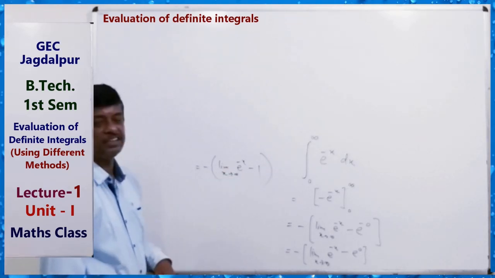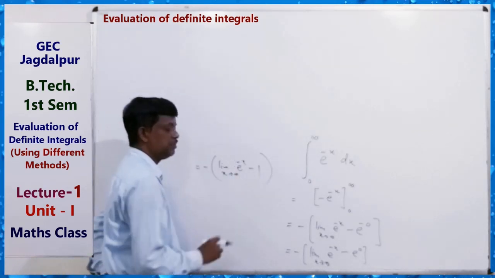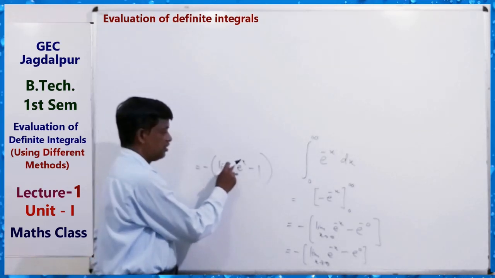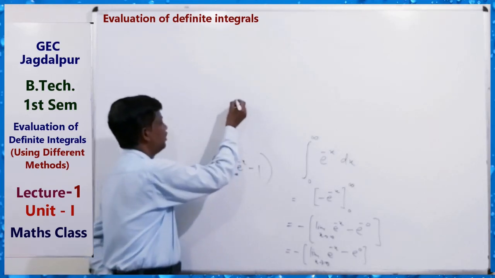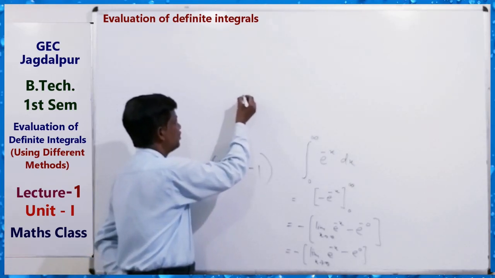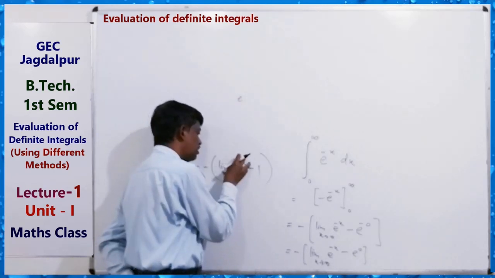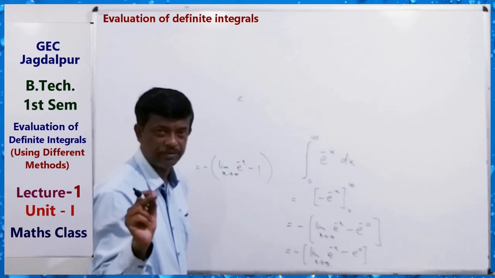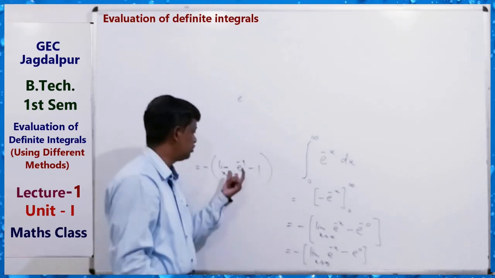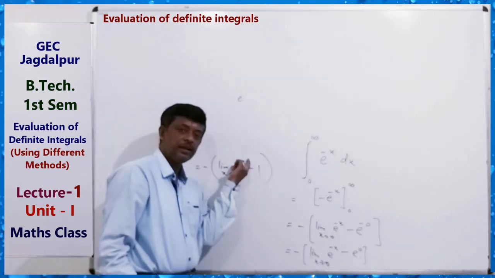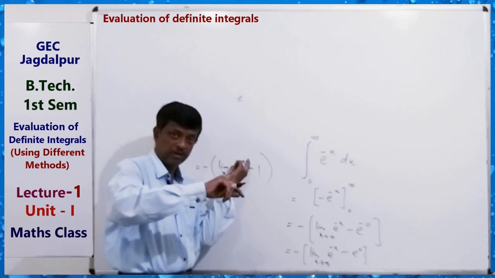For finding this limit, first of all, if something is raised to a negative power with a variable and the variable is tending to infinity, then you have to write it with a positive power.